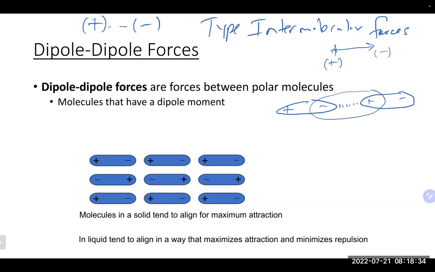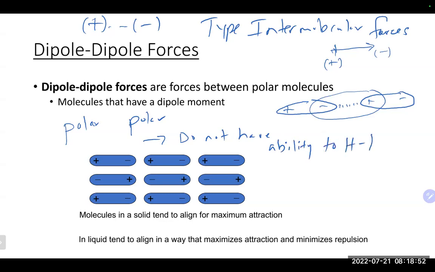So dipole-dipole interaction is basically the intermolecular force for polar molecules interacting with other polar molecules that do not have the ability to hydrogen bond. We'll talk about hydrogen bonding in just a second, but they basically do not have the ability to hydrogen bond.